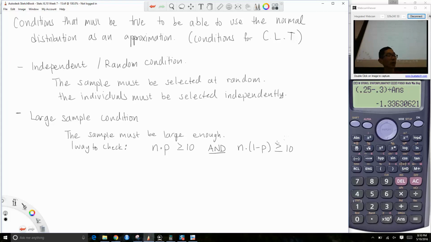And then the other way to check is that you have at least 10 successes and at least 10 failures.